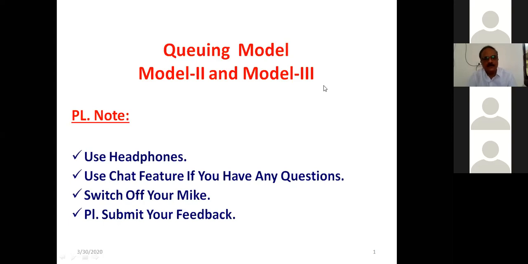That model we have seen. Problems based on that model, that also we have seen. Now today, we'd like to discuss the model 2 and model 3.